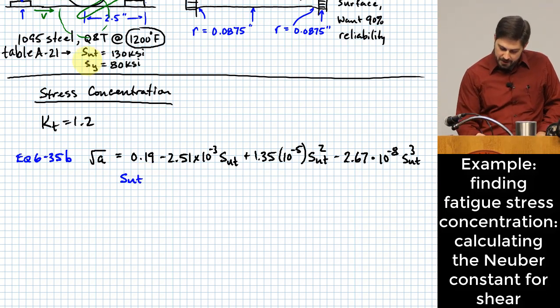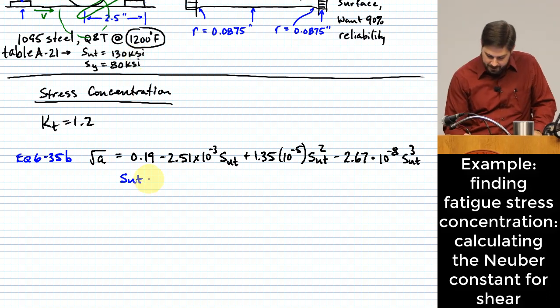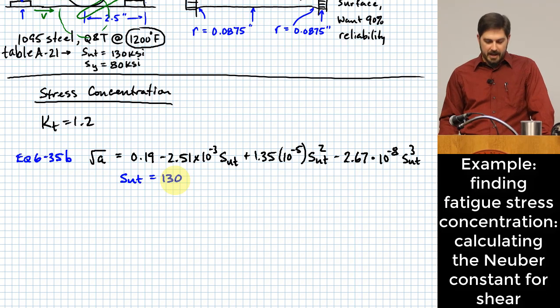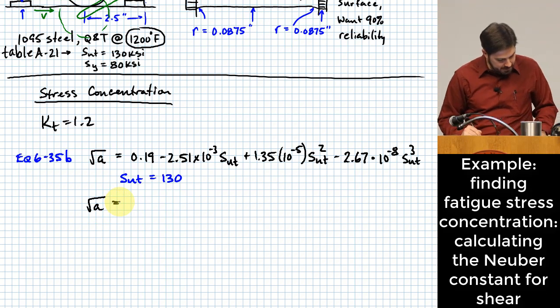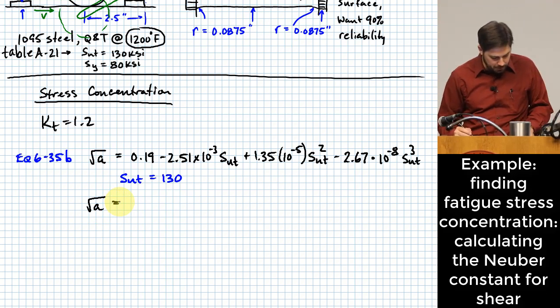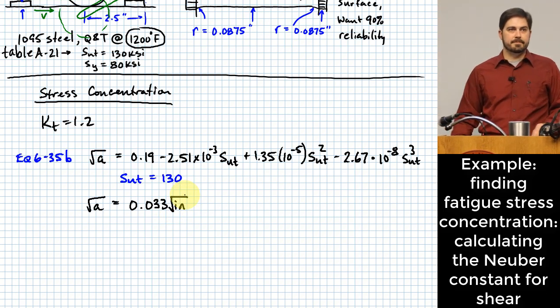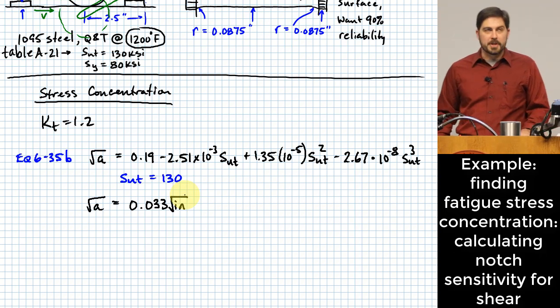Our number for S sub ut is 130 KSI, so we're going to plug just 130 into this equation, and what we get out is a square root of a that is 0.033. And remember, what kind of units come out of that? Square root of inches. All right, so there's my Neuber constant.